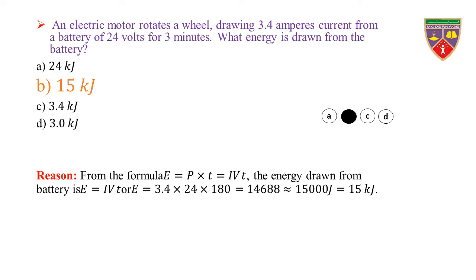The energy drawn from the battery is E is equal to I V into T, which is equal to 3.5, the current, into 24, the voltage of the battery, into 180, the time in seconds, which is equal to 14688, which is nearly 15,000 joule, or it can be written as 15 kilojoules. Hence, the energy drawn from the battery is 15 kilojoules.